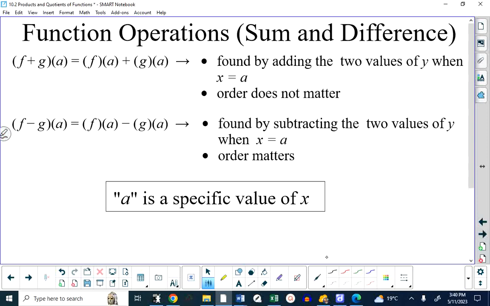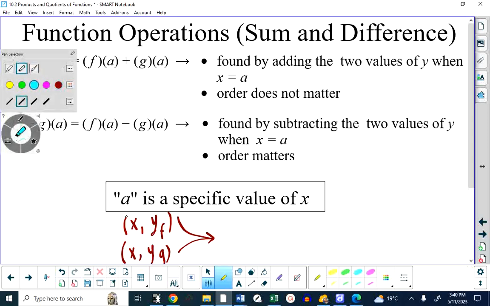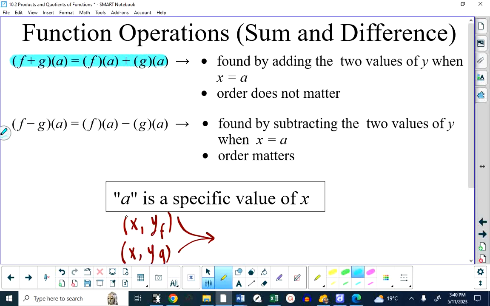I explained this idea to you yesterday by saying that what's really happening here is that you're taking x comma y on f, and you're taking x comma y on g, and you're marrying these 2 points together to get a new point which is on the new function. And I'm going to focus my attention here on the sum rather than the difference.